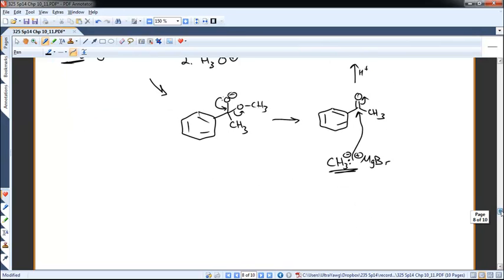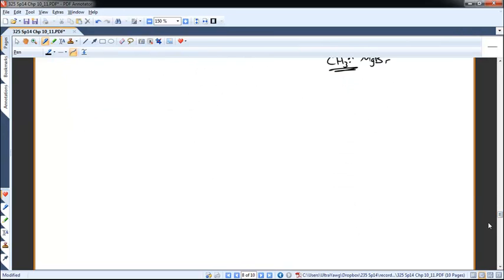So based on that, can you predict what the product would be if I took the same Grignard? I'll use magnesium chloride, so it's slightly different. I'll do H3C, and an acyl halide.